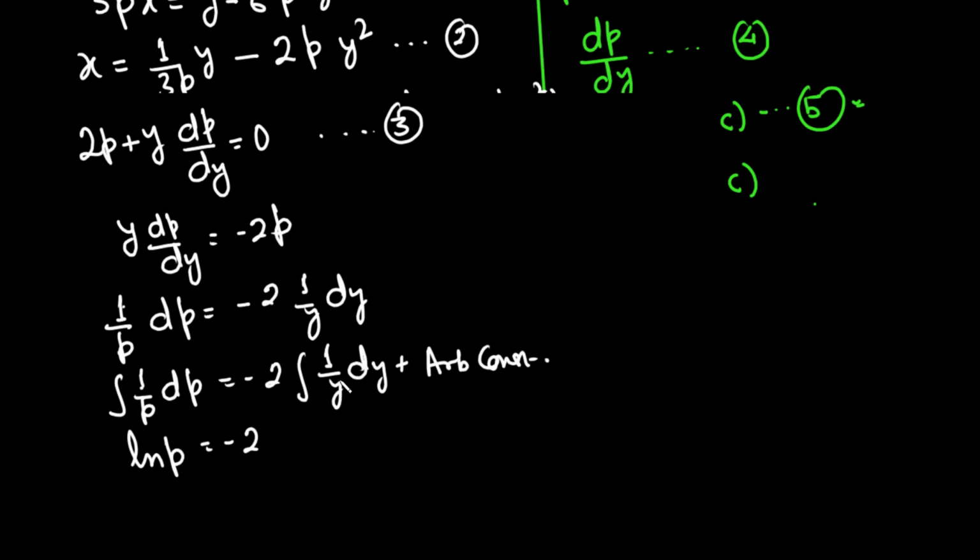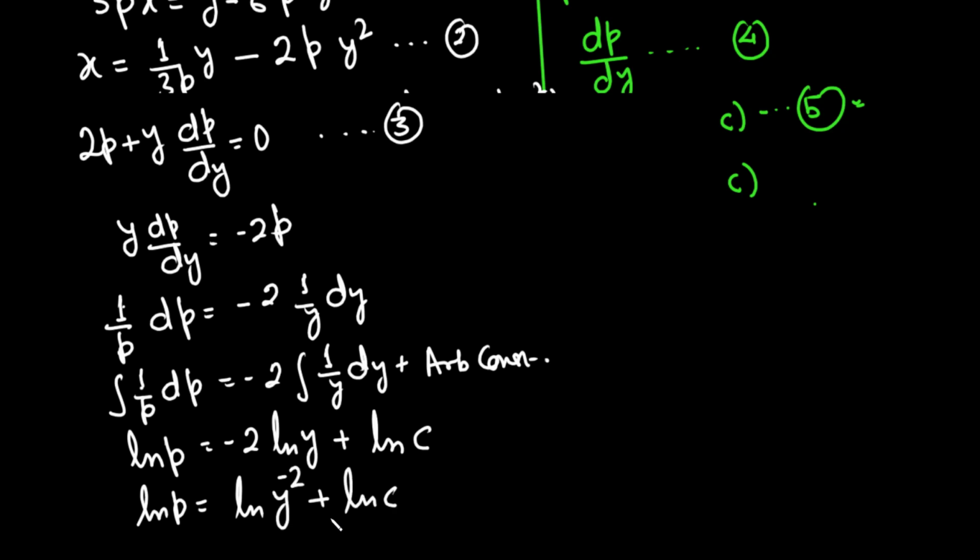This is equal to minus 2 times the integration of 1 over y with respect to y, which is again log y. And we know that when all the terms involve logarithmic functions, we write the arbitrary constant in terms of log, so the arbitrary constant we are writing as log of c. n log m is log m raised to the power n, so we can write it as log y raised to the power minus 2 plus log c.